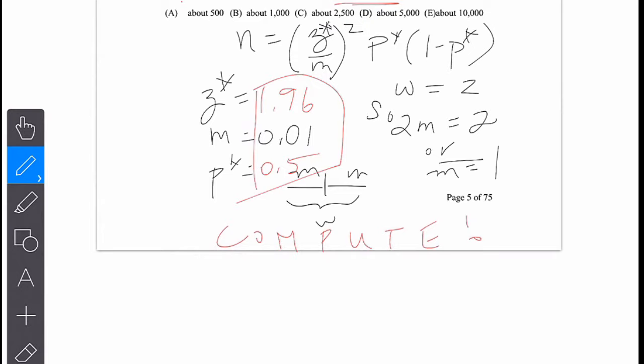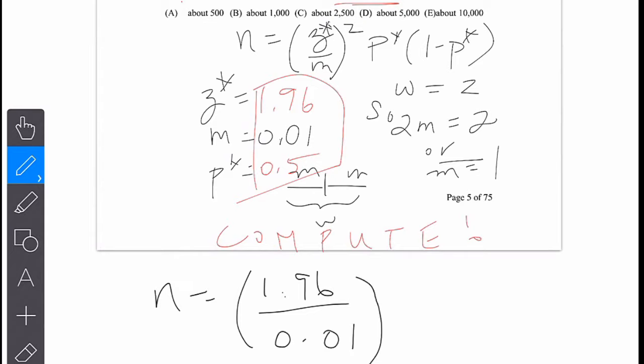So n is equal to 1.96 over m, which is 0.01, squared, times 0.5 times 0.5.